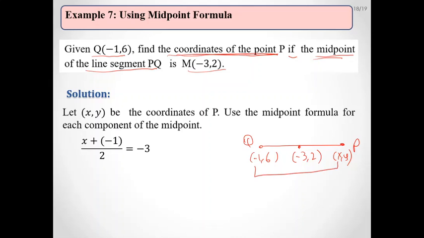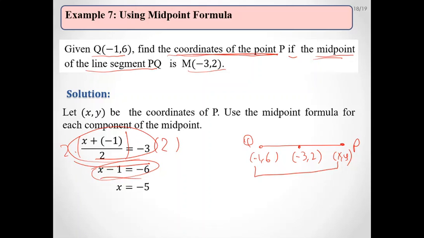Using this, we get this equation, and we solve it. Multiply both sides by 2, and that gives you X equal to minus 5.